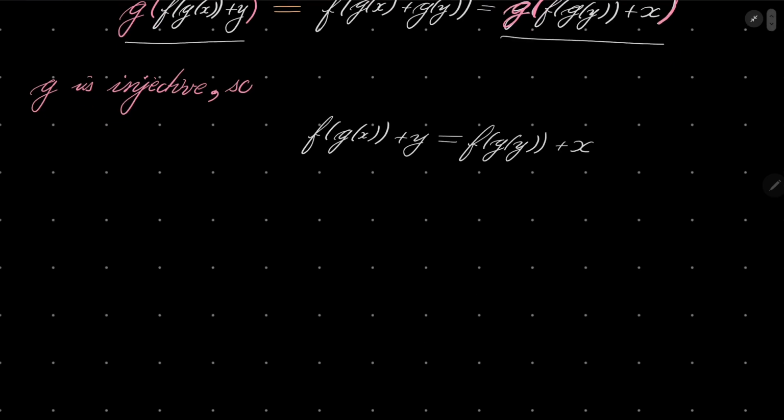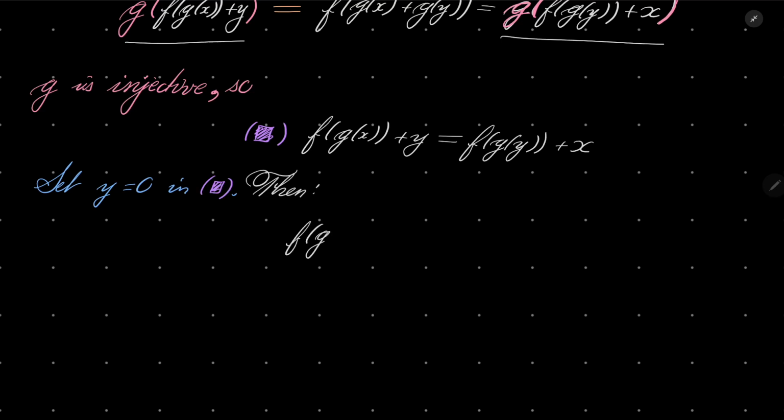And now let's mark this equation with a square. I will set y to be 0 in our condition square. Then we have the following.